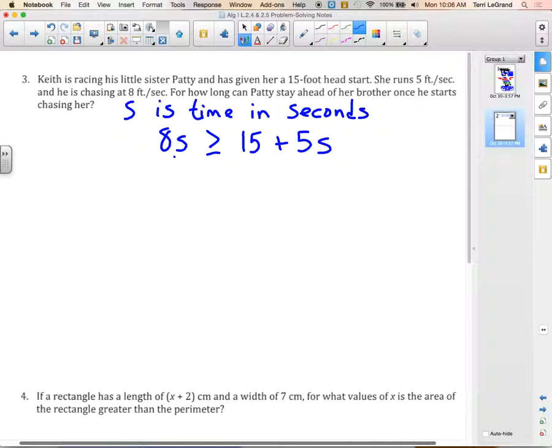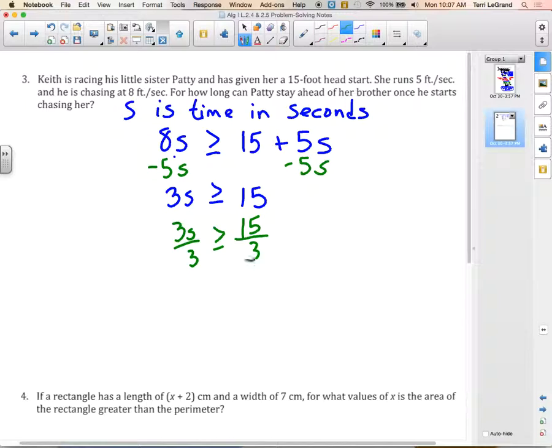Go ahead and solve. Get the same algebraic solution I did.